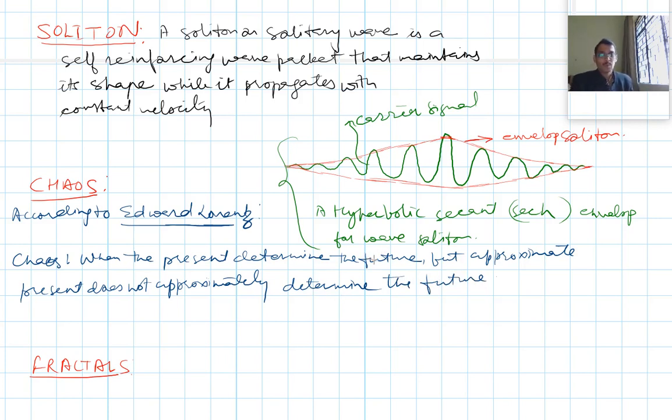That means even if we know the initial conditions approximately, we cannot determine the future exactly, because there is a lot of undeterministic nature.